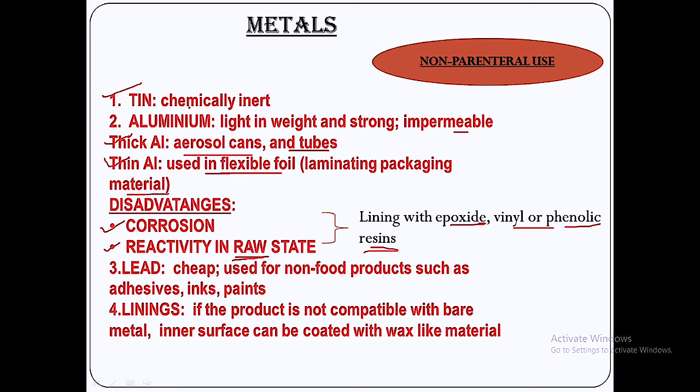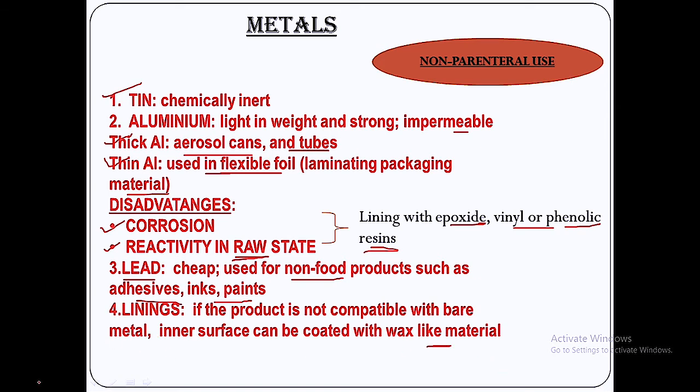I discussed tin, then aluminum. The third one is lead. Lead is quite cheap compared to all of the above, and it is used for non-food products such as adhesives, inks and paints. Linings are used if the product is not compatible with the bare metals; then the inner surface of the metal is coated with a wax-like material.